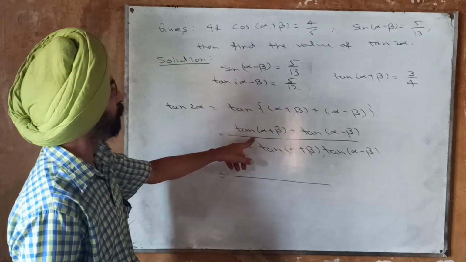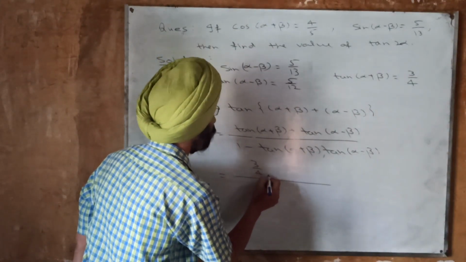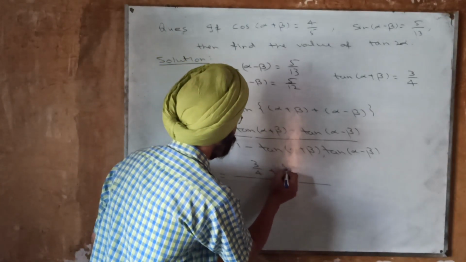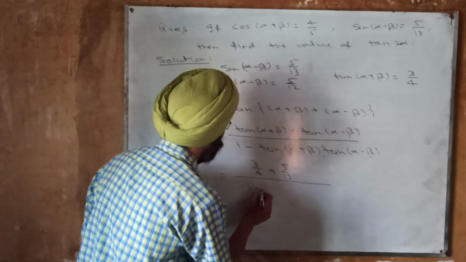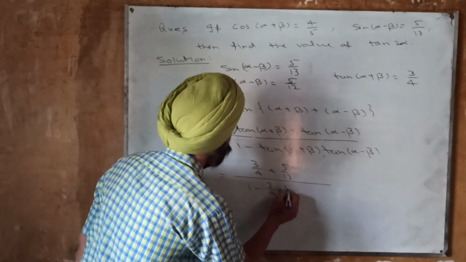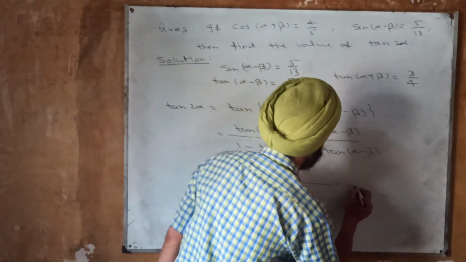And now substitute their values. So tan(alpha plus beta) is 3 upon 4. This is 3 by 4 plus tan(alpha minus beta) is 5 by 12. 1 minus, once again, it is 3 by 4 into 5 upon 12. And now it is just calculation work.